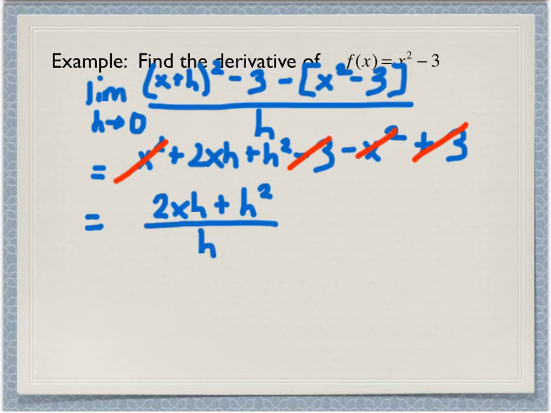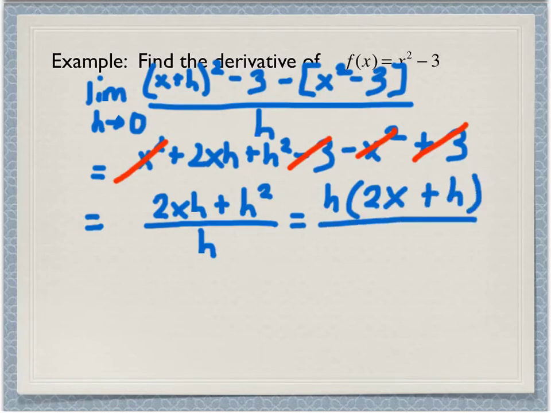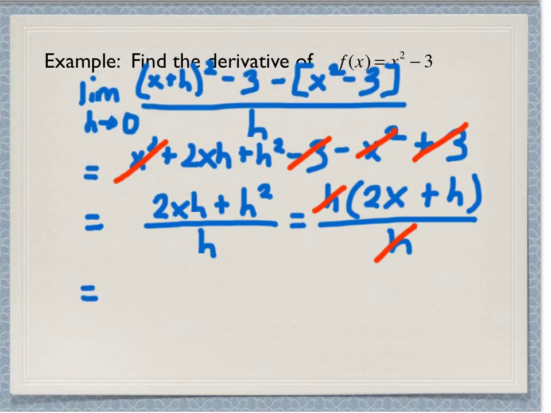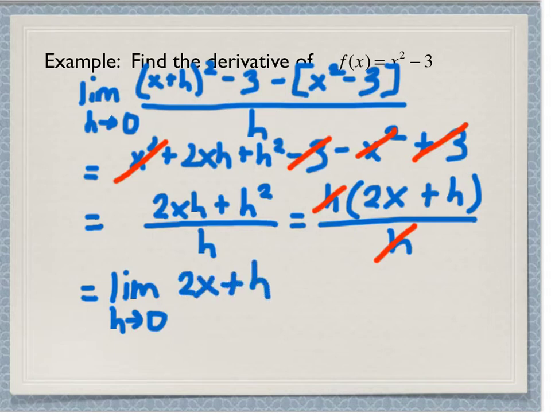Can I do any canceling here? Not quite yet, until I factor out an h from my top expression here. And now when I am multiplying and dividing by h, now I can go ahead and cancel these two h's out. So what I have left at this point is, keep in mind this is still a limit expression, the limit as h approaches 0 of now 2x plus h.